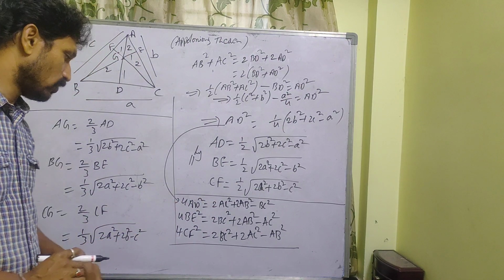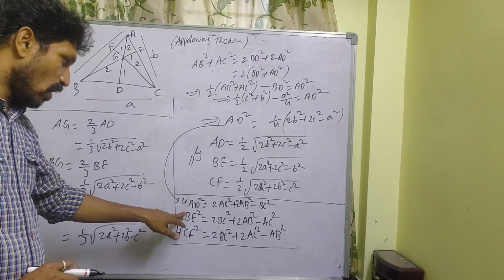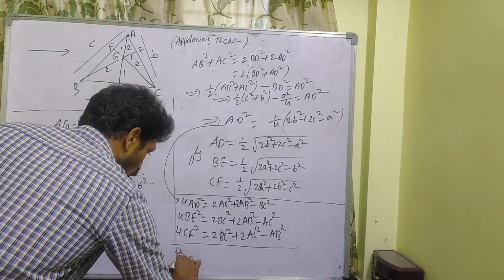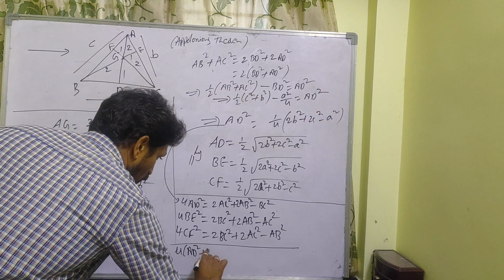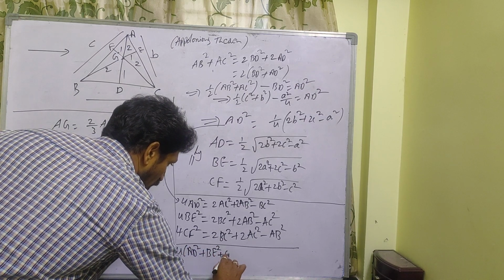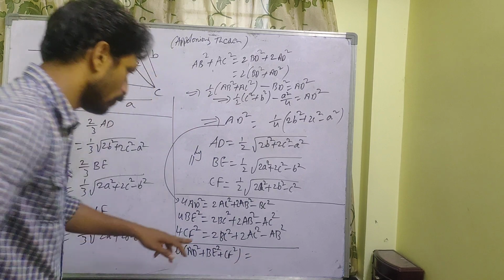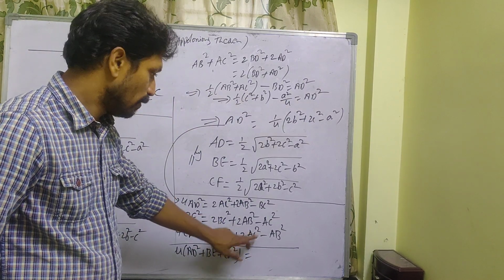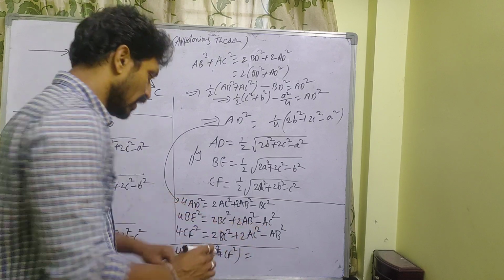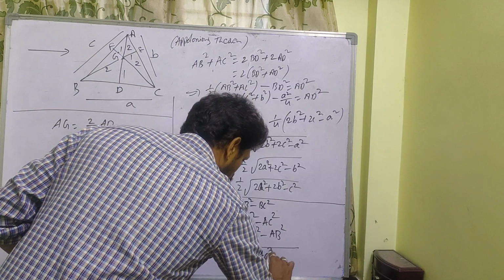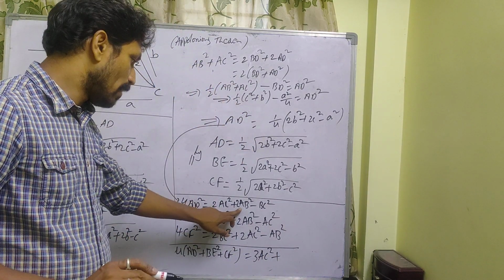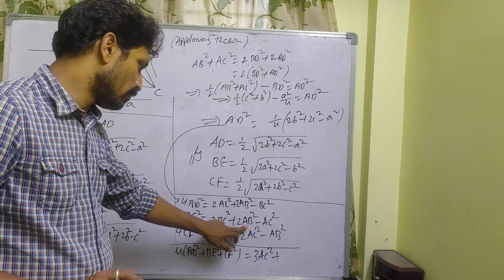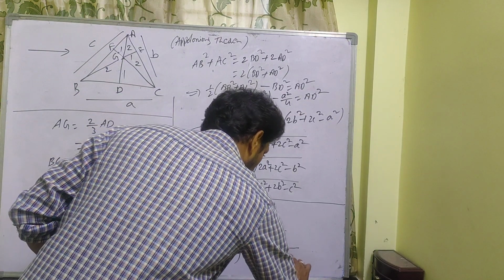See what you have? 4 times AD square plus BE square plus CF square is equal to, here 2AC square, here 2AC square, 4AC square minus AC square, that is 3AC square, plus 2AB square plus 2AB square, minus AB square, that is 3AB square.